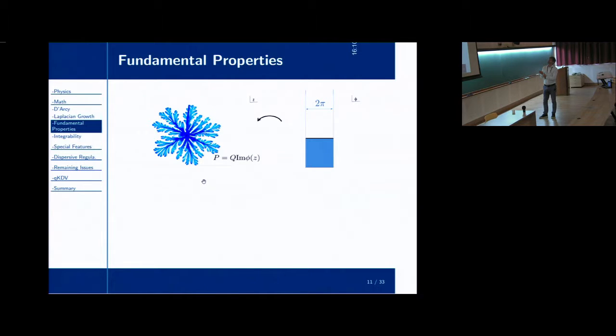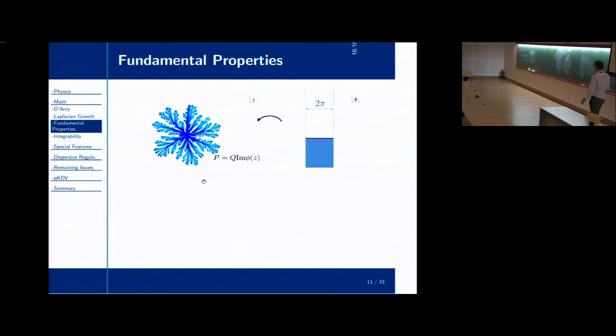This phi is the analytic function. Its imaginary part is harmonic. So P is indeed harmonic if we define it in this way. And we can check that the boundary condition at infinity is also satisfied, that it goes like logarithm of R. So this is basically a solution of the boundary problem of finding the harmonic field P.